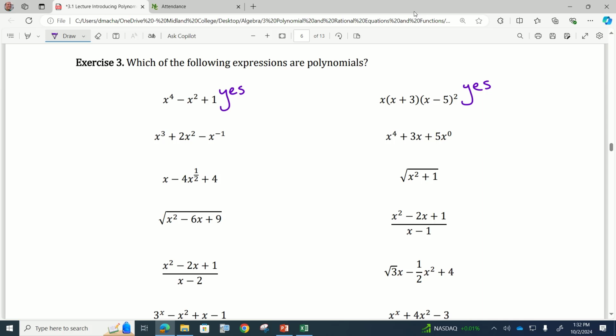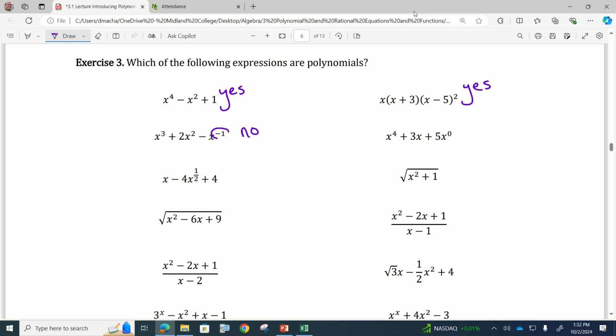Is this one a polynomial? This one is a no.